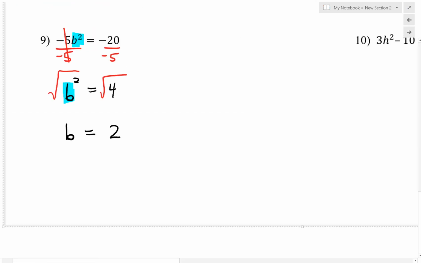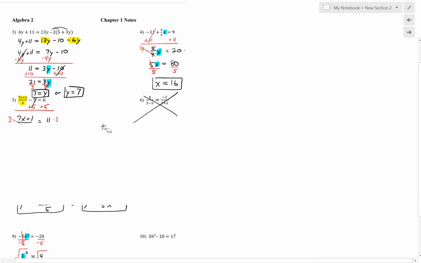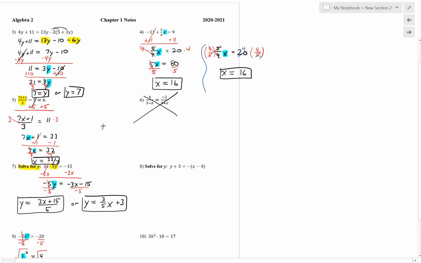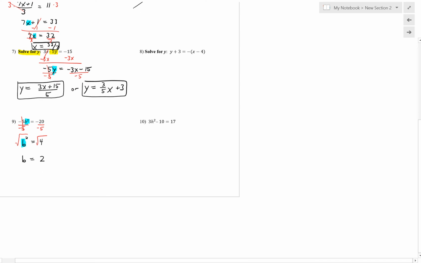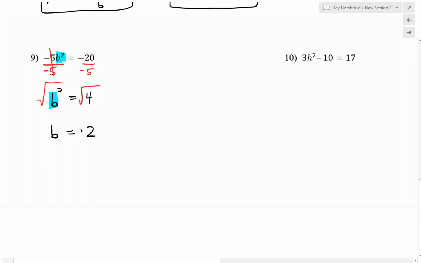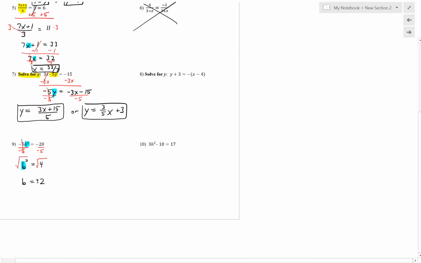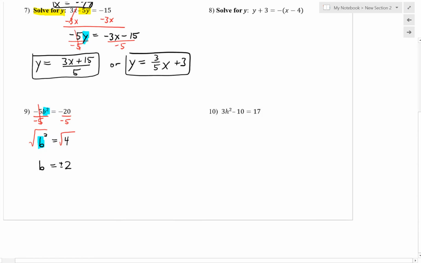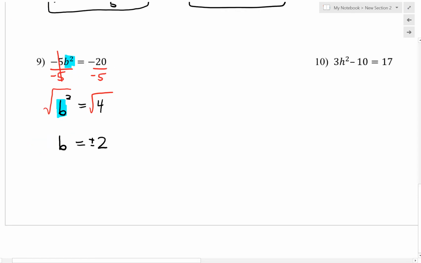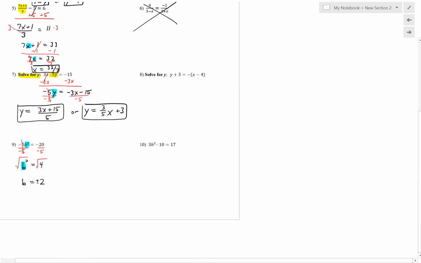But whenever we solve an equation by square rooting, we have to include plus and minus, because the goal is to find every solution that makes the equation true. And if I were to square negative 2, negative 2 times negative 2 is also a positive 4. So we have to include both answers.